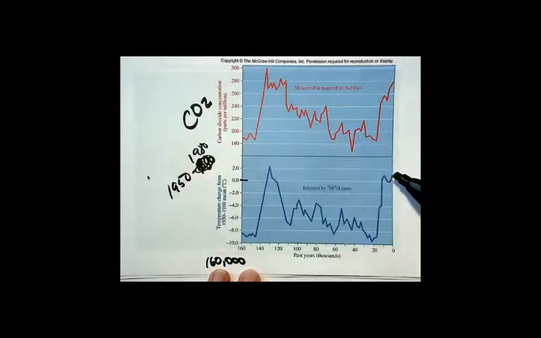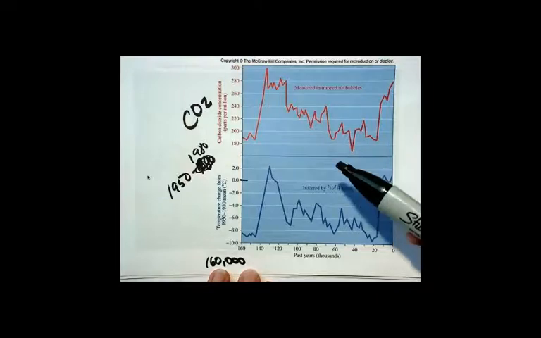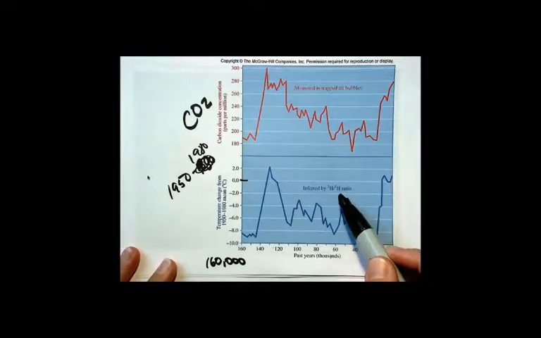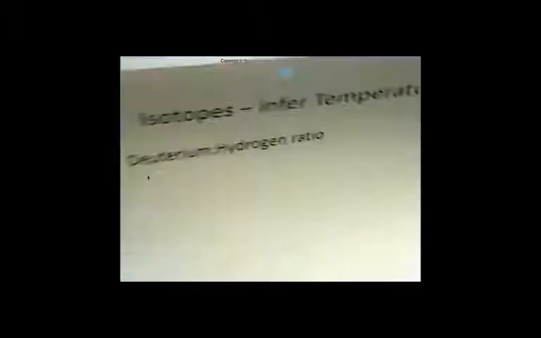And you can see here's current time, a little bit higher than the 1950 to 1980 average. All right, so there's some data that's correlating the concentration of carbon dioxide over time with the temperature, and the temperature is inferred from this deuterium to hydrogen ratio.